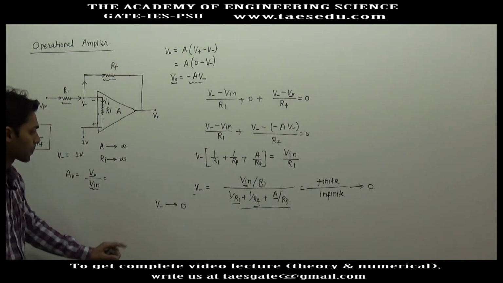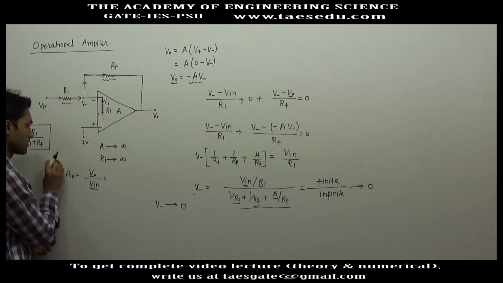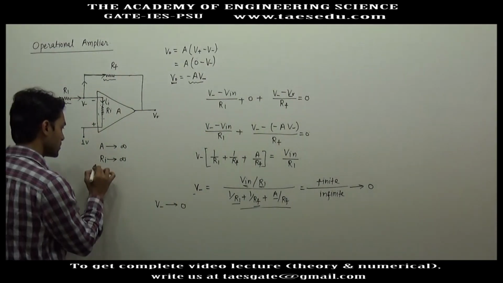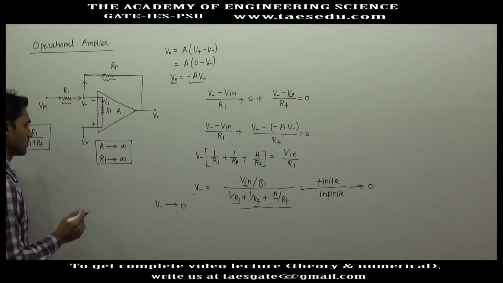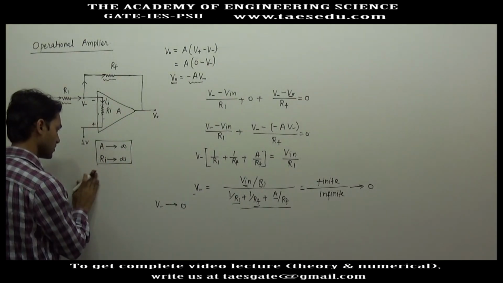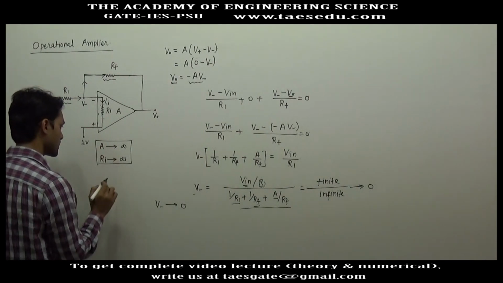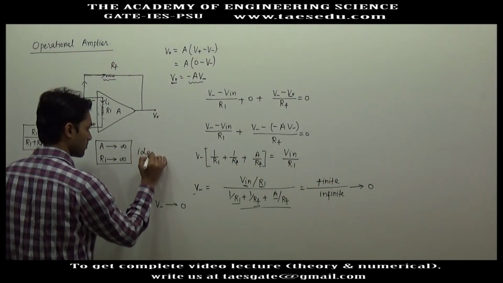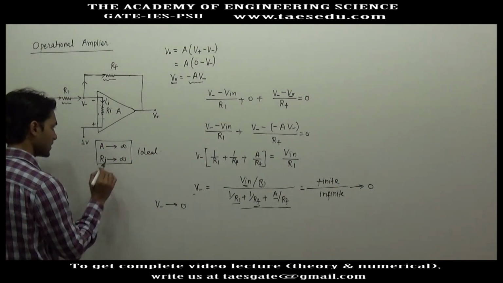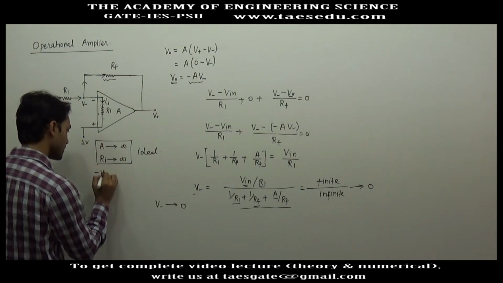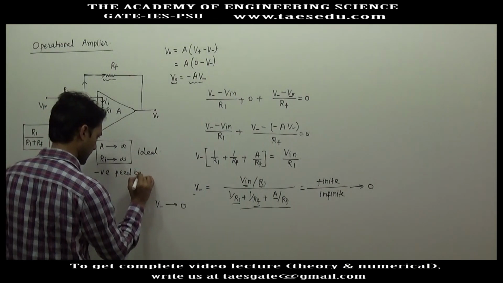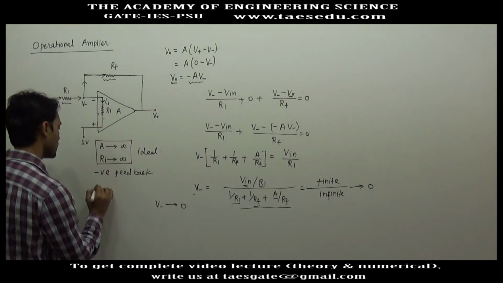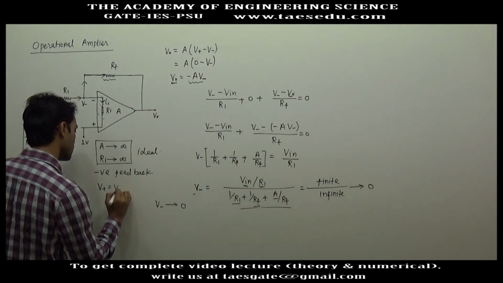So in general, if these two conditions are satisfied in a negative feedback operational amplifier, it means the operational amplifier is ideal. And if you have connected it as negative feedback, you will have V plus equal to V minus.